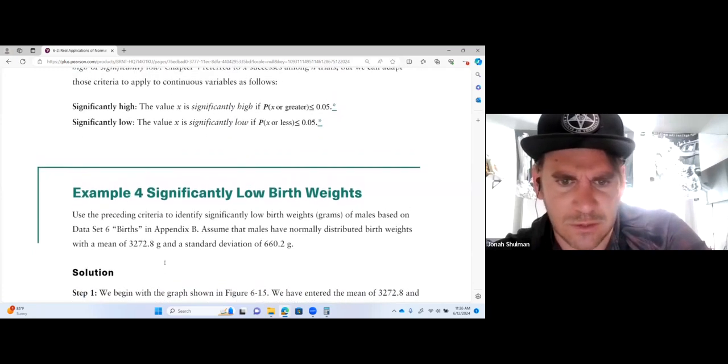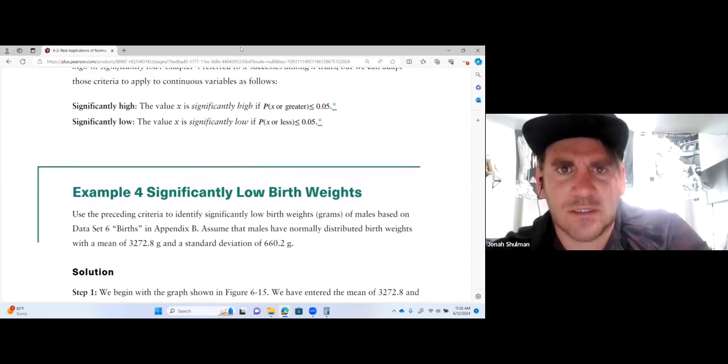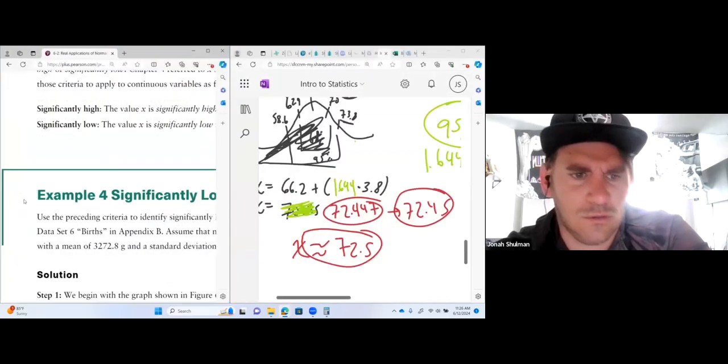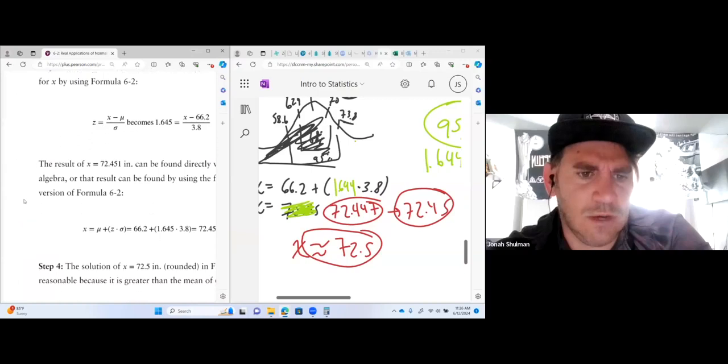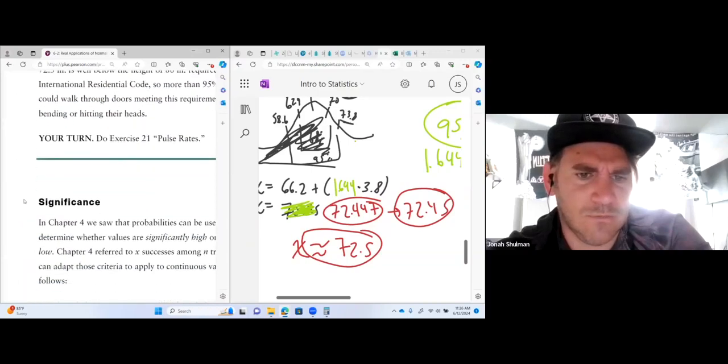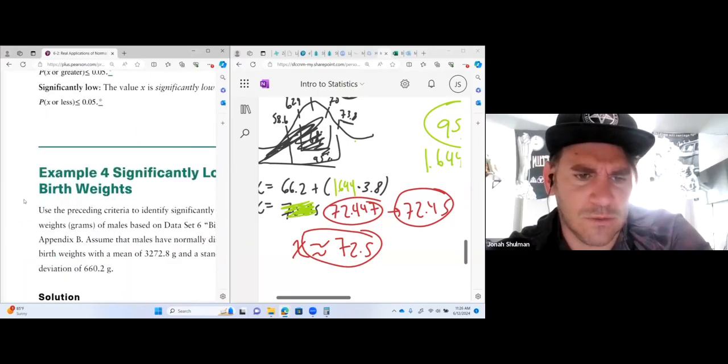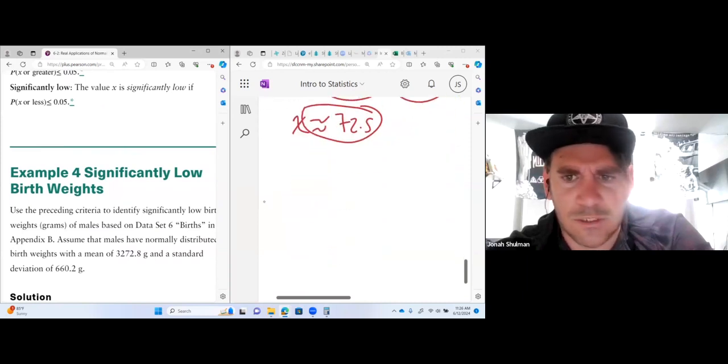So we first want to figure out significantly low birth weights. I'll show you how I would do it. And guess what? If I get it wrong, I get it wrong.